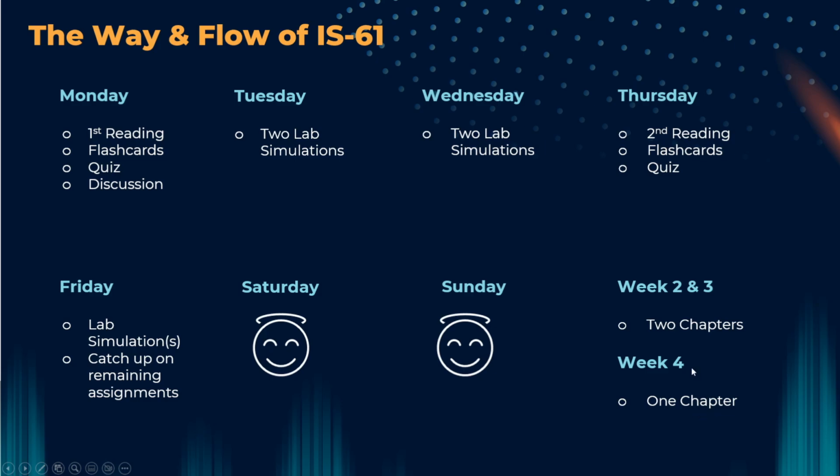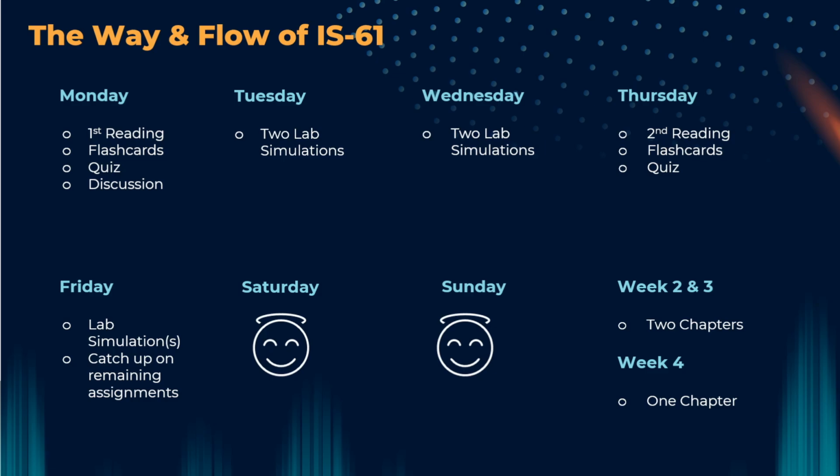Starting next week, you're going to be going over two chapters, chapters 1 and 2, and then in week 3, you'll be covering chapters 3 and 4. For week 4, you'll be covering chapter 5. But anyway, let's say this is next Thursday: you should be reading chapter 2, then doing the chapter 2 flashcards and the chapter 2 quiz.